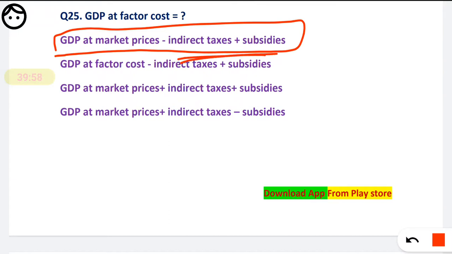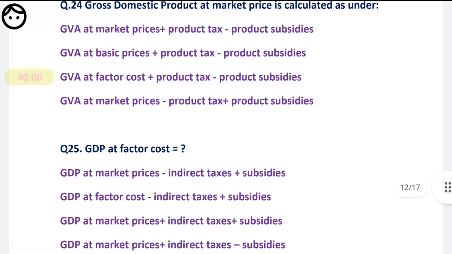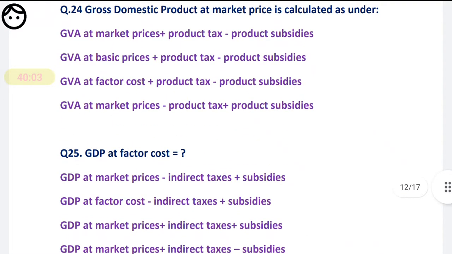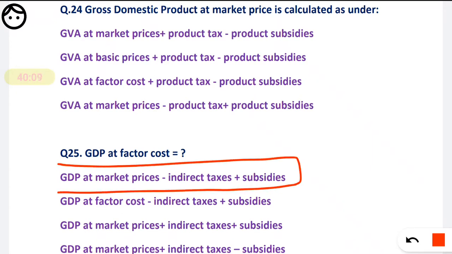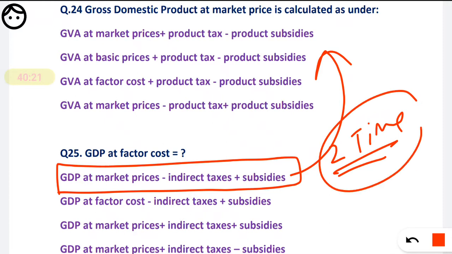So in the 24th question, by comparison we will study. For 24, this is the correct option. Just rearrange that and you will get the answer for that also. Do it yourself and write it down 2 times in your notebook so that you will not forget.